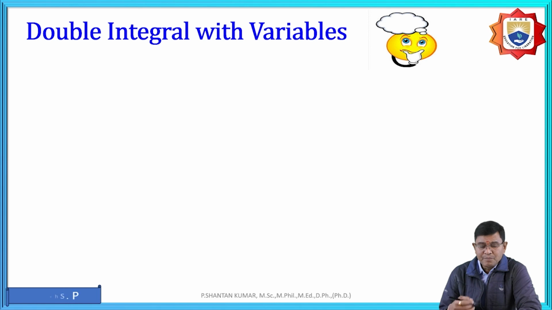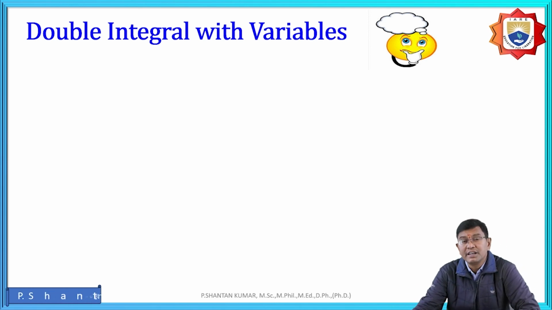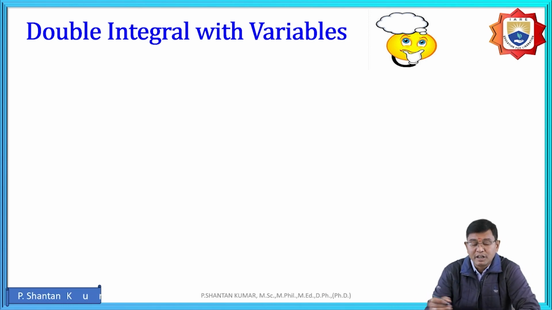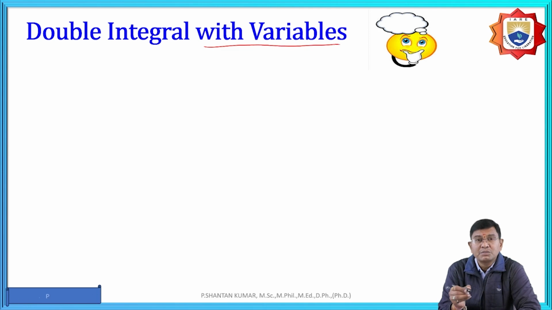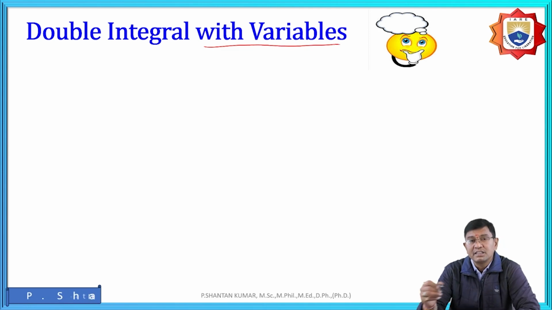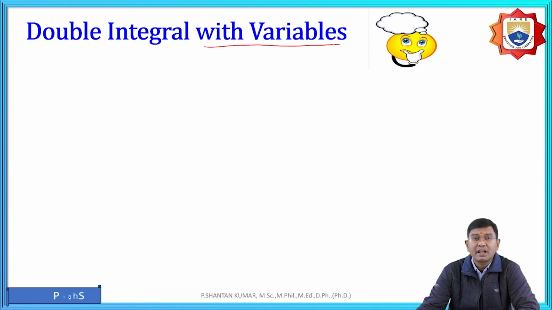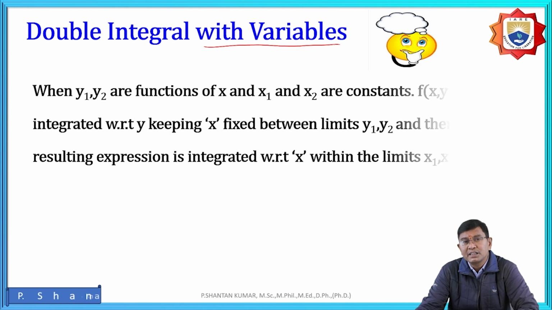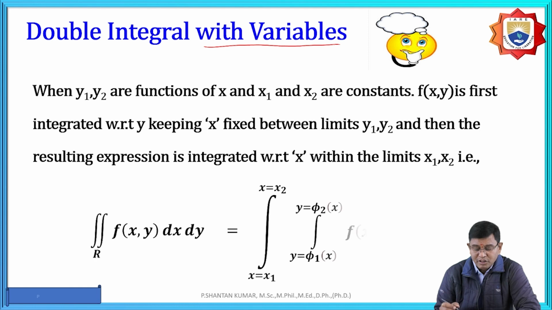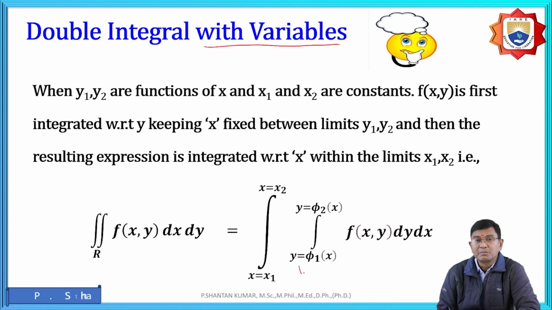And next, the double integrations with variables. What is the meaning of this? While we observed the previous slide, the limits are constants. Sometimes the problems are under variables. What is the meaning of variables? Variables are nothing but x comma y. That means under the double integration, whenever integrating with respect to x and also y, here for example, the y limits are in terms of x.